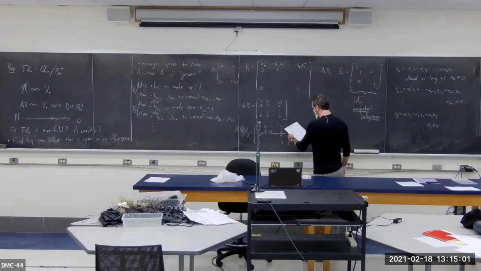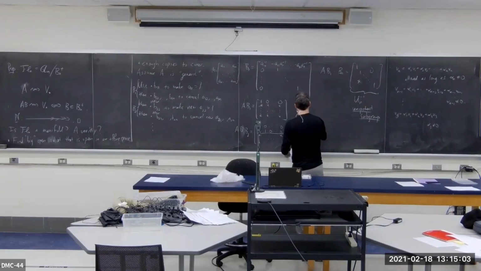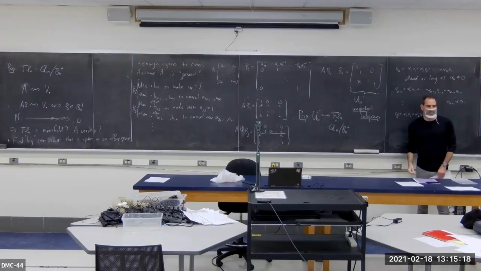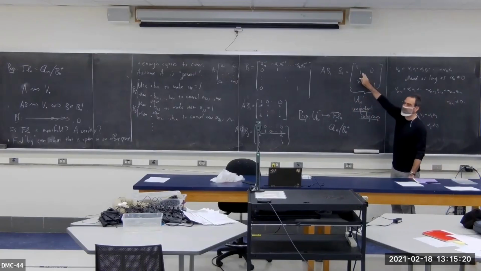Okay, so then the proposition just says that UN minus injects into FLN, which we remembered we expressed as GLN modulo Bn plus. So the point is that matrices that look like this determine a flag uniquely.